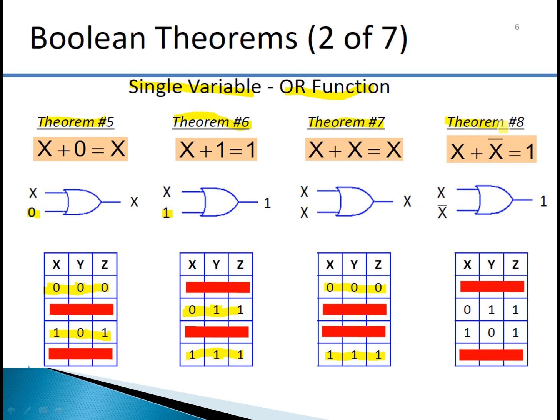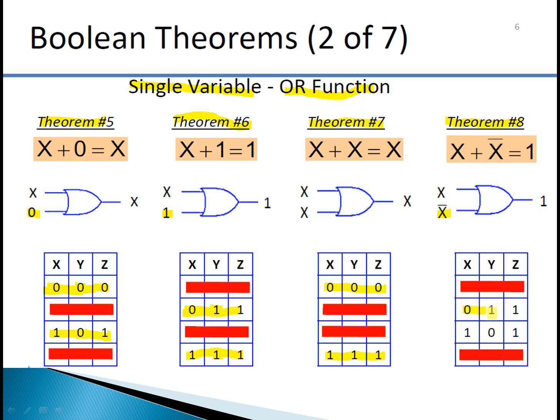And next, x plus x bar equal to 1. So that is one input is x, another input is x bar, that is complement of this variable. So let's consider this table. X is 0 and y is 1, because y is nothing but x bar now.